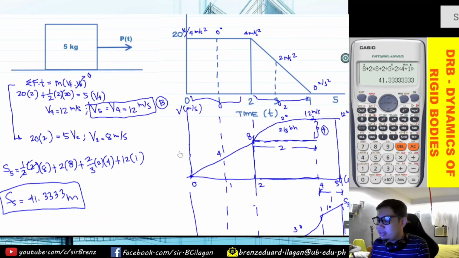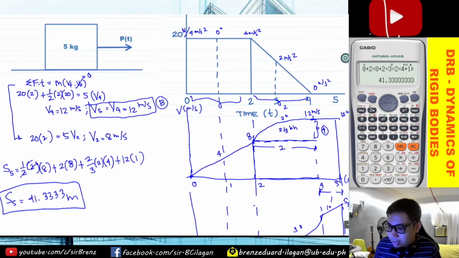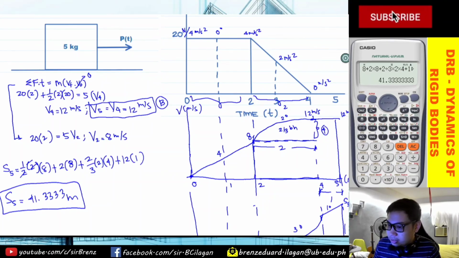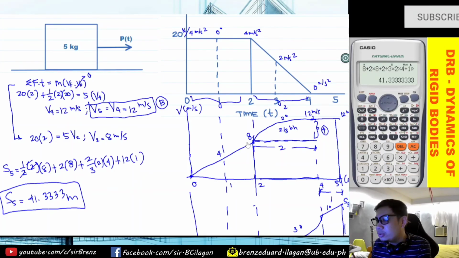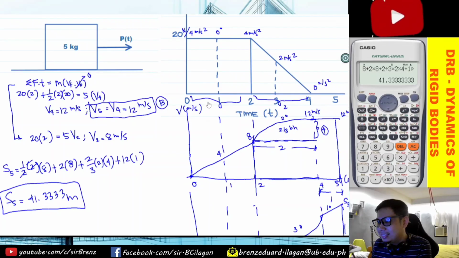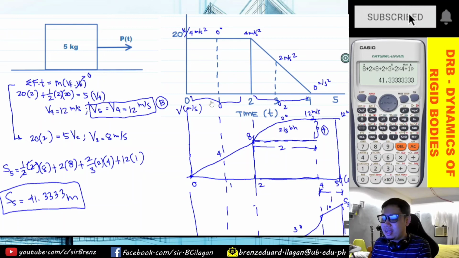Ano nga topic ito? Kalimutan na. So this is under the category of ano ang tawag sa topic? Yon, under motion curve. Ano? So pwedeng idiniretso na natin sa motion curve.